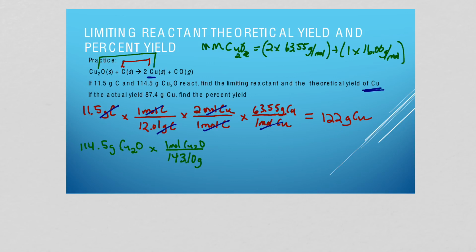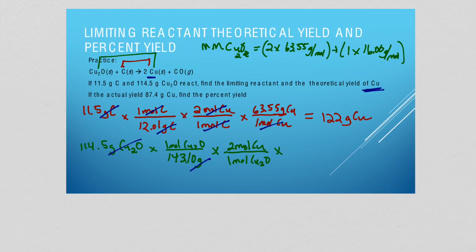So now that my grams of copper oxide cancel, I can go back, and if I look at my equation, I can make 2 moles of copper for every 1 mole of copper oxide.